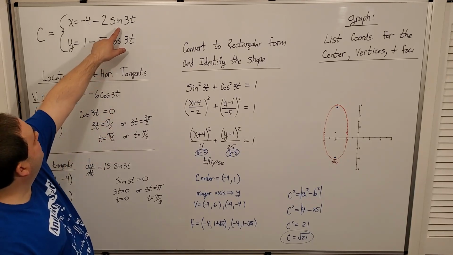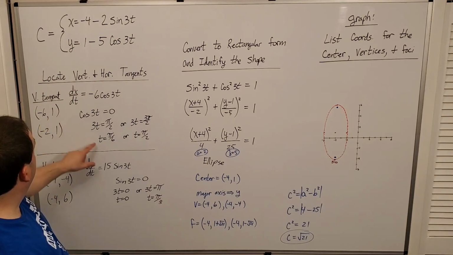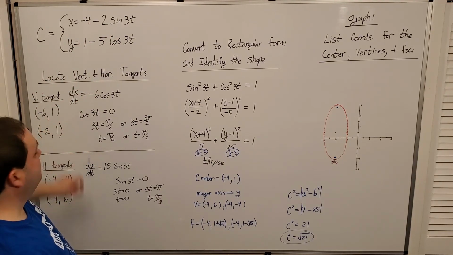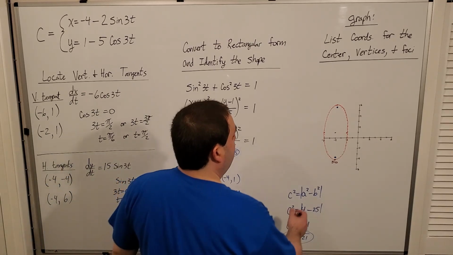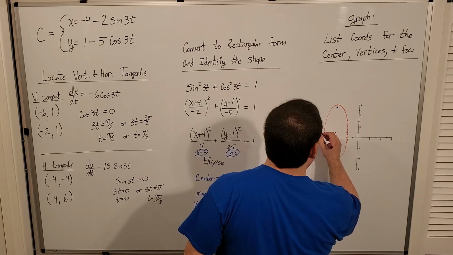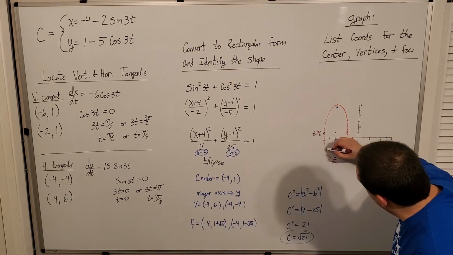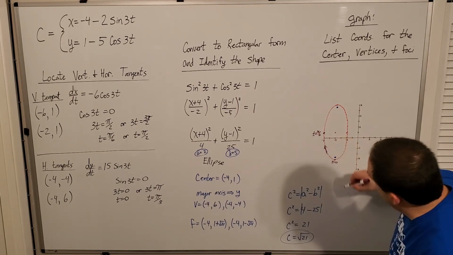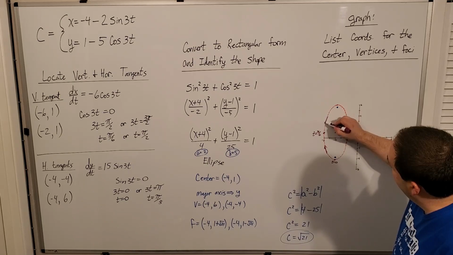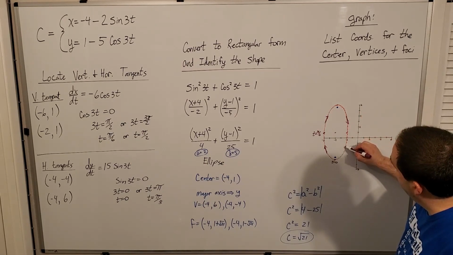And then pi over 6 gave me pi over 2 here, which was negative 4 minus 2. So t equals pi over 6 is at the negative 6, 1. Right here, this guy. t equals pi over 6. So notice the direction here, right? My parametric curve is going in this direction. So therefore it must be flowing in this direction, right? In this direction.